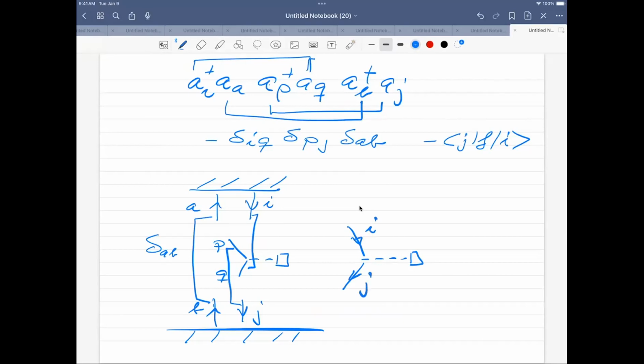So if you tilt this and think of these as particle states, I'm going to show you this notation, which can give you some intuition in the beginning. If you just flip this diagram and think of these as particle states, this is essentially what it would be. You have a J here and an I here.